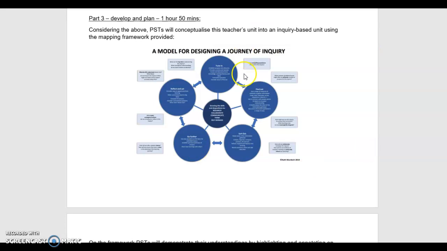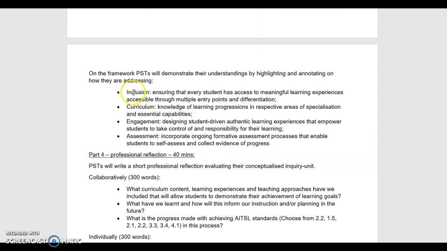So in this model, Kath Murdoch's model here, you've got particular focus areas, and this handout is on VUC in greater detail, so you can see what is part of each phase. You've also got some key instructional strategies that you've got to focus on. Okay, so we've got engagement, inclusion, differentiation, and then we've got assessment as well that you've got to consider.